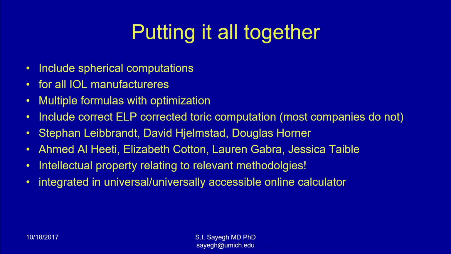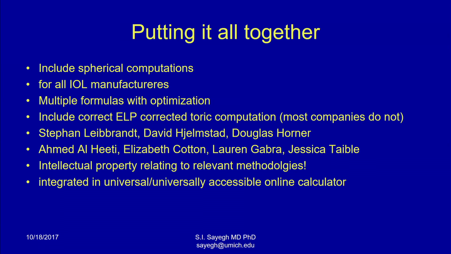So what we wanted to do is to put everything together, right? To have a system that includes the spherical computations, meaning what sphere you need, for all intraocular lens manufacturers, so IOL means intraocular lens, with multiple formulas for optimization, and to include correct toric computation, because there was a lot of confusion, even amongst the companies, on how to do the toric computation.